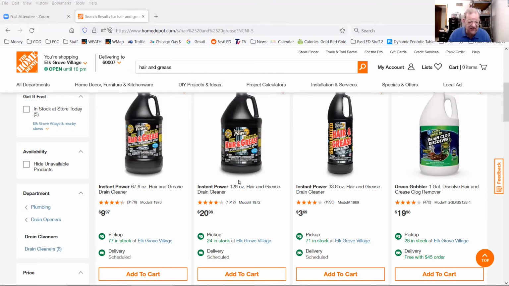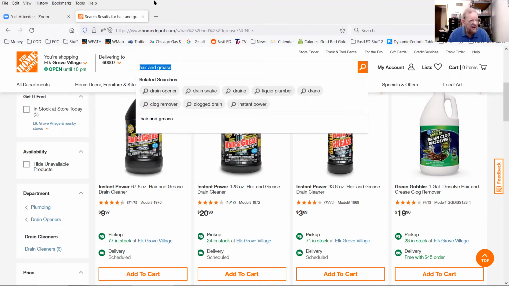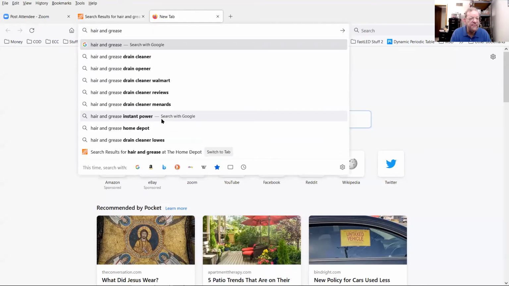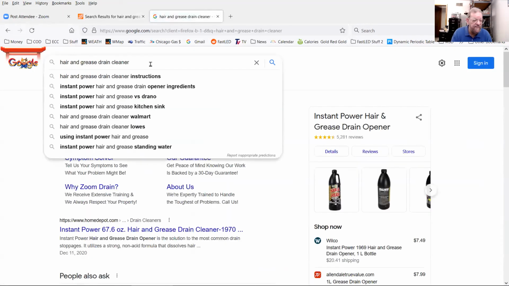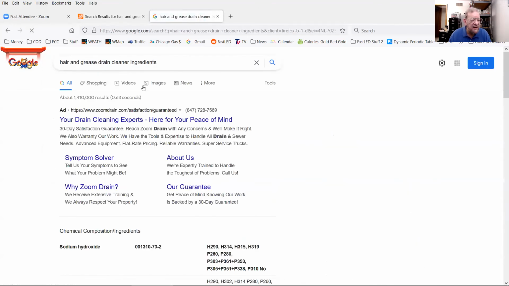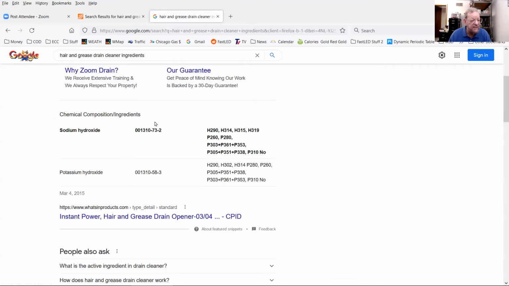And I looked at the label, and if you look here, it says sodium hydroxide and potassium hydroxide are the two main ingredients in hair and grease remover.